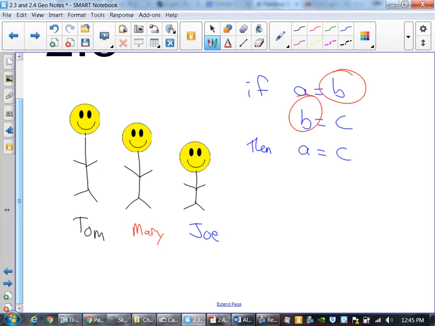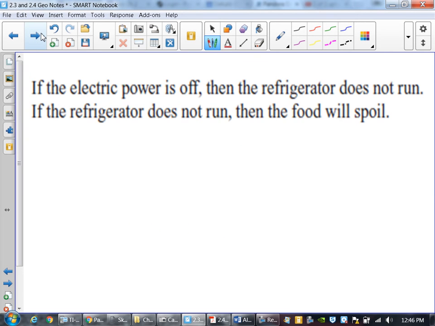If the power goes out, the refrigerator will stop running. If the refrigerator stops running, the food will spoil. Let me show you. If the power is off, then the fridge doesn't run.